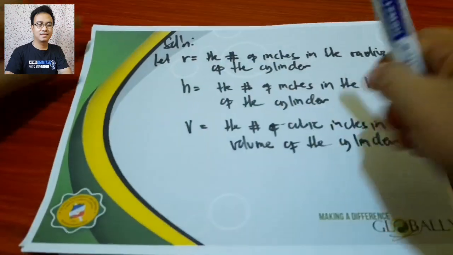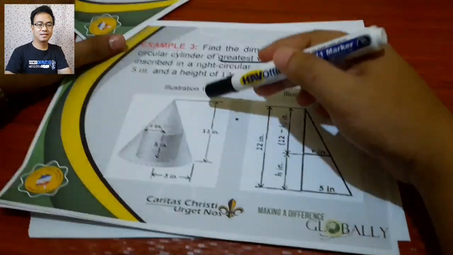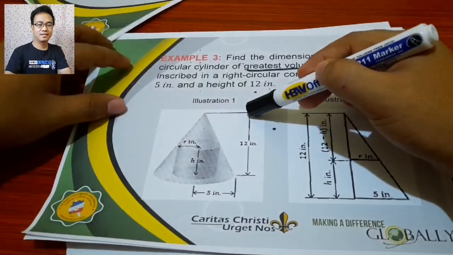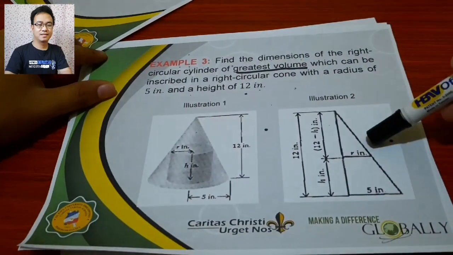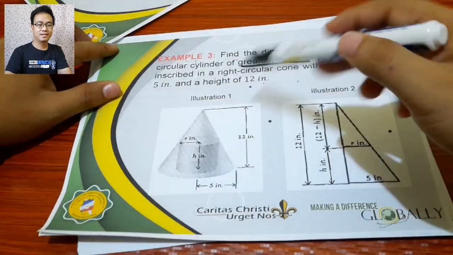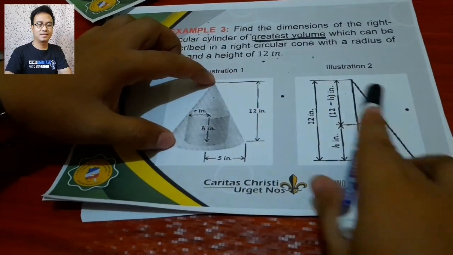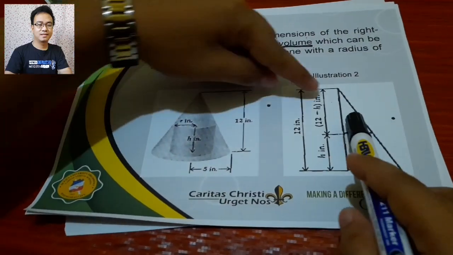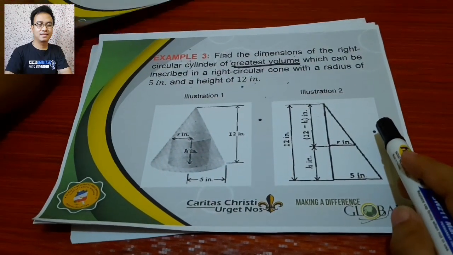Okay. Now let's go back to the illustration. Illustration number 1 shows the cylinder inscribed in a cone, while this illustration number 2 shows the plane section through the axis of the cone. Take note of that. Within the axis of the cone, we can generate a plane section, which is a plane figure, which is this one, using the concept of ratio and proportion.